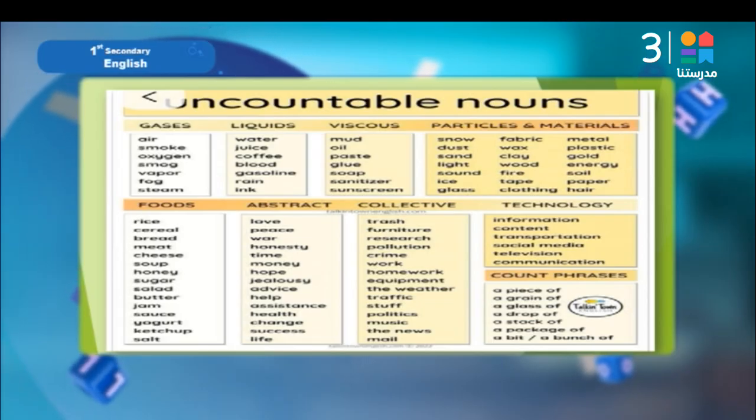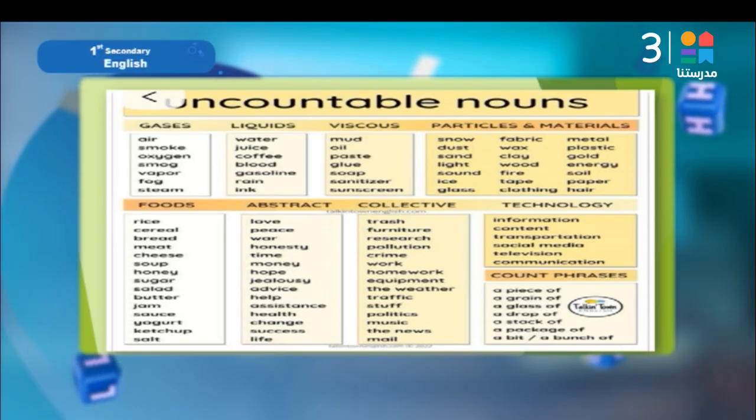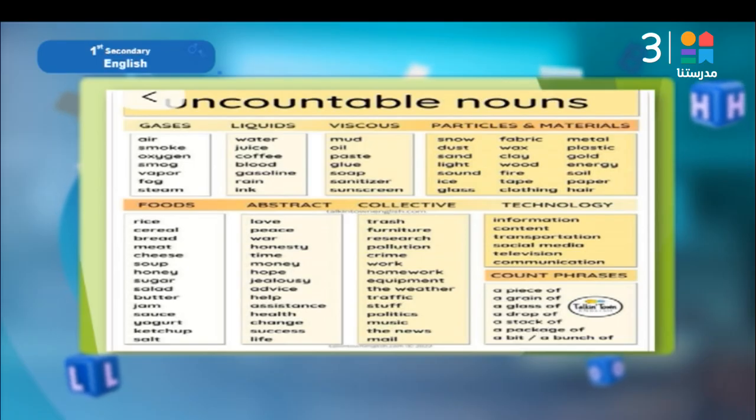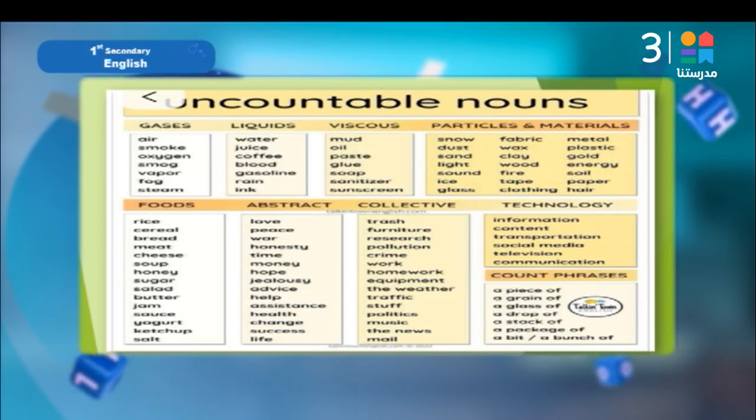They could be technology like information, content, transportation, social media, television and communication. They could be foods, for example rice, bread, meat, cheese, honey, sugar, salad, butter, jam, sauce, yogurt, ketchup and salt. Or abstract nouns like love, peace, war, honesty, time, money, hope, jealousy, advice, help, health, assistance, change, success, life.